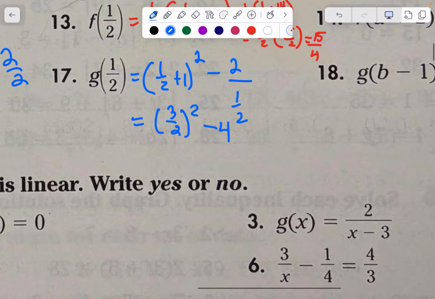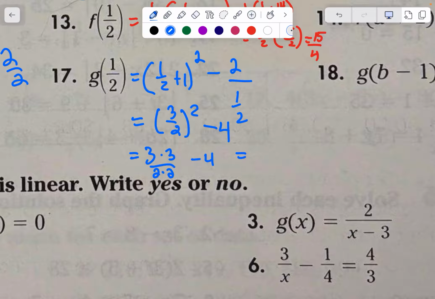Anybody know how to square a fraction? Anybody know the rules of how we could square that 3/2? What do you think? Multiply by itself. Yeah, you can rewrite it twice. It ends up being the multiplication of itself. So it ends up being the top squared over the bottom squared. So if you just think of it as, hey, I'm squaring the fraction, square the top, square the bottom, you got it.